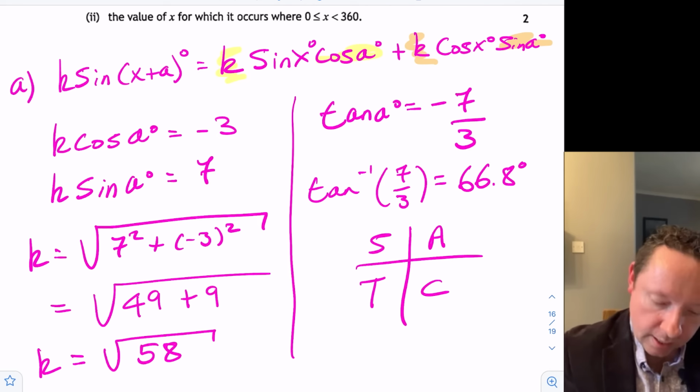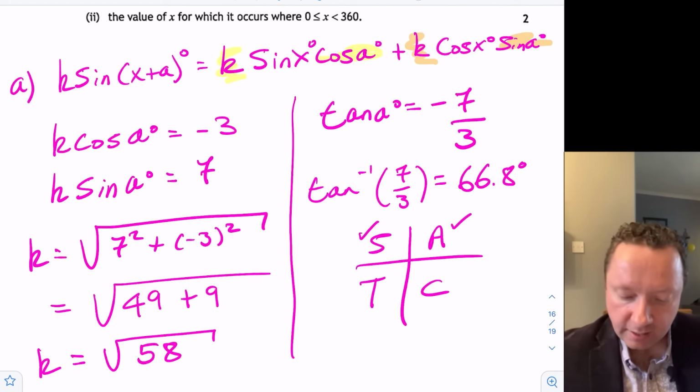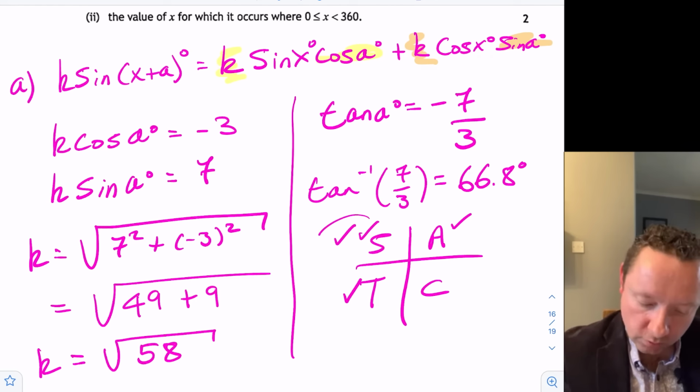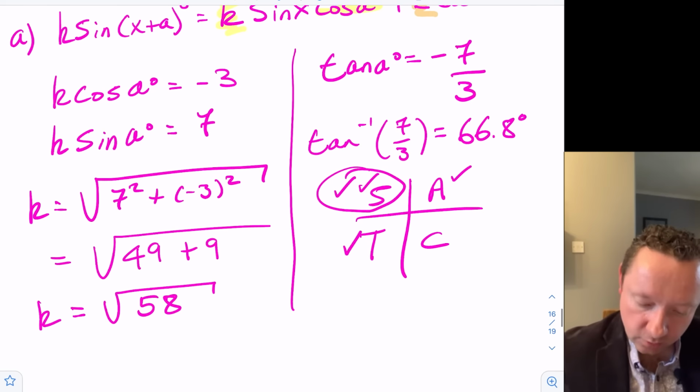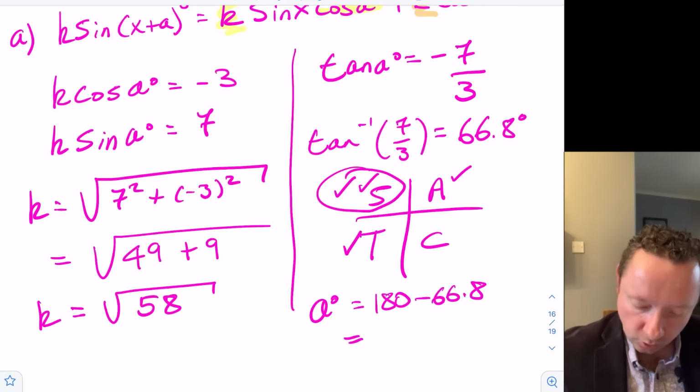So that is A and S. And then looking at cos, that's negative. Well, cos is negative on S and T. So therefore, the quadrant we want is this one, which is 180 minus. So that means that a is 180 minus 66.8, which is 113.2 degrees.